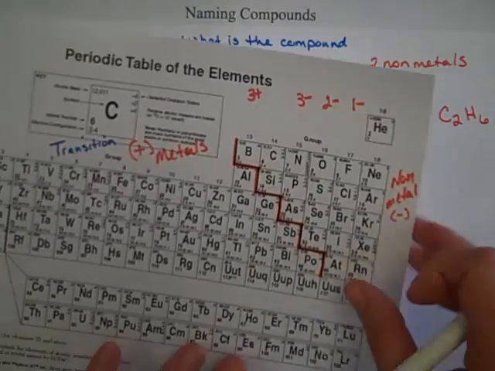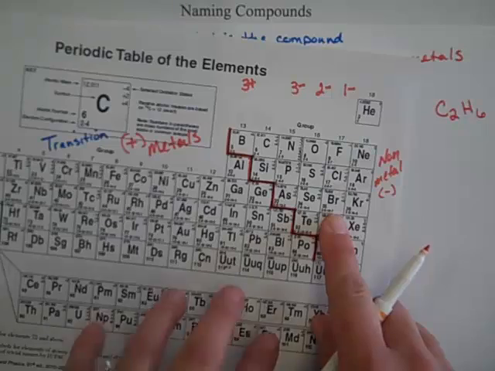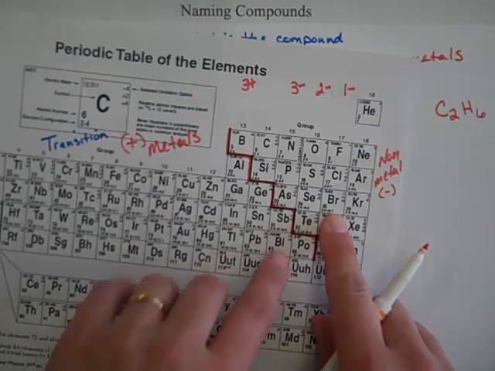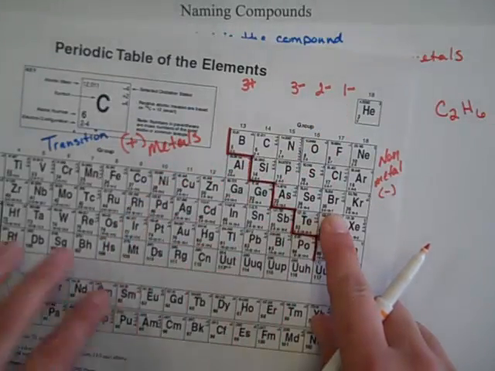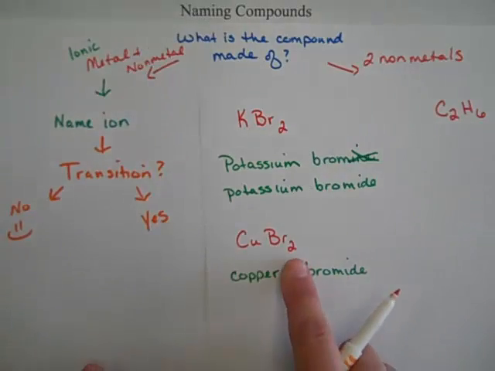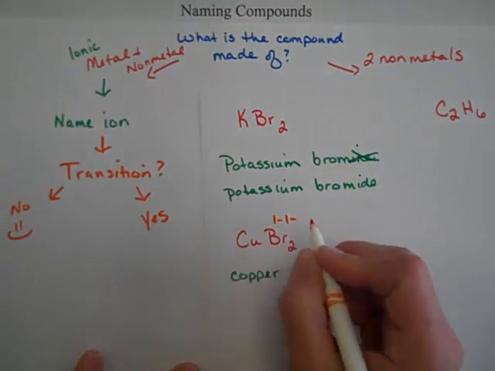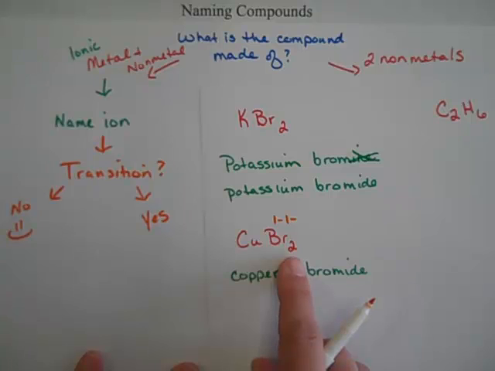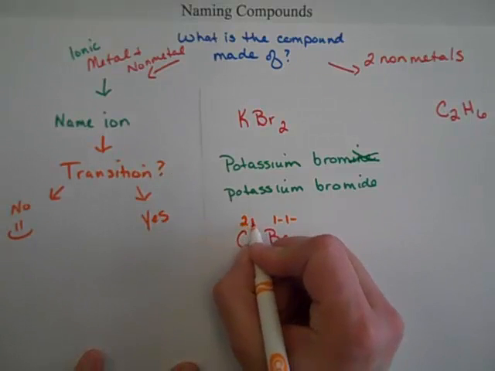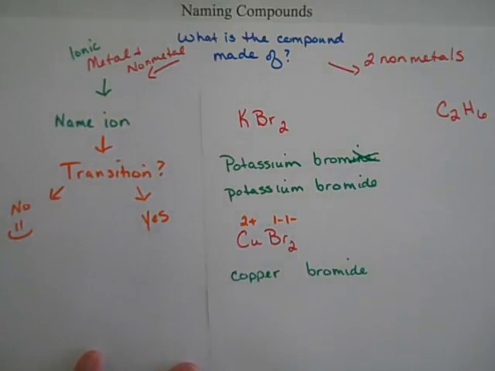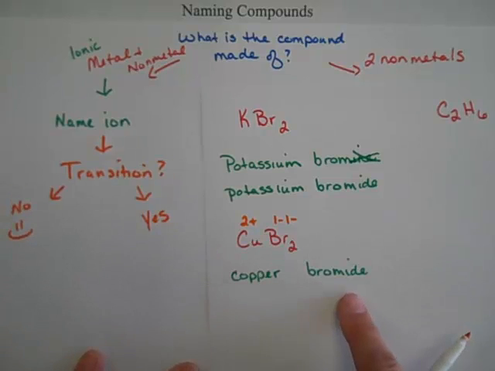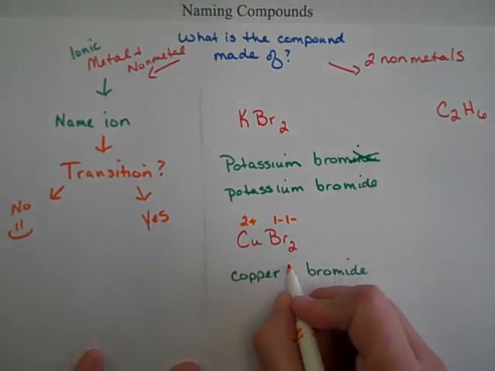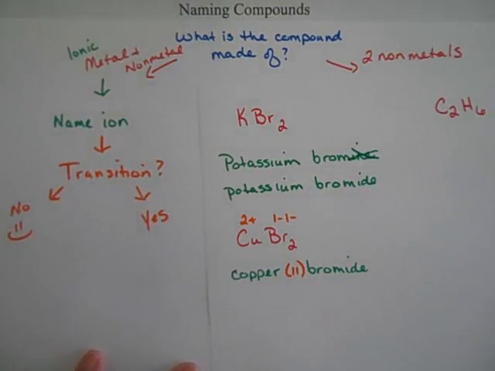Bromine is here on our periodic table. Bromine is one of the halogens. So the halogens have a -1 charge. And since there are two of them, we have 2 total negatives on our bromine, which means that copper must have a 2 positive charge. So we have to distinguish our copper as copper 2.